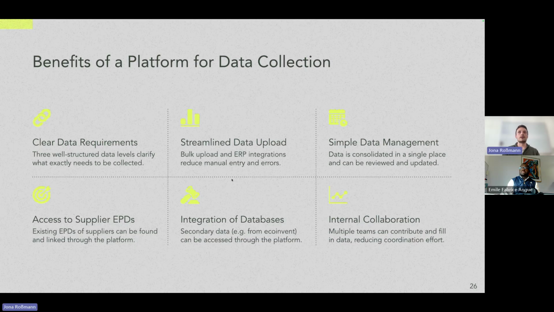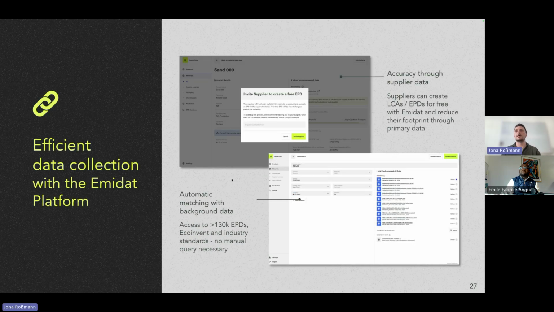Let's have a quick look on how this looks at the EPD platform. Two examples that we've pulled out here: the first one, accuracy through supplier data. You can, for example, also invite your supplier on the platform directly to create an LCA or an EPD for free with EPD and reduce your footprint for your products by using primary data compared to using secondary data.